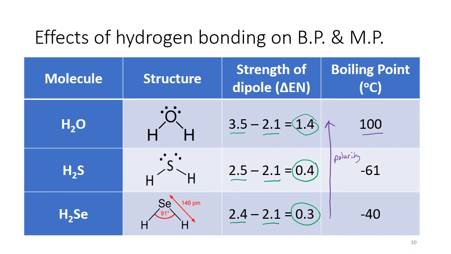H2S is a gas at room temperature, and it has a boiling point of negative 61 degrees Celsius. H2Se is also a gas at room temperature and has a boiling point of negative 40 degrees Celsius. As our dipole-dipole forces increase and eventually become hydrogen bonds if they're strong enough, the polarity of our molecules will increase. As the polarity increases, our boiling or melting points will also increase.